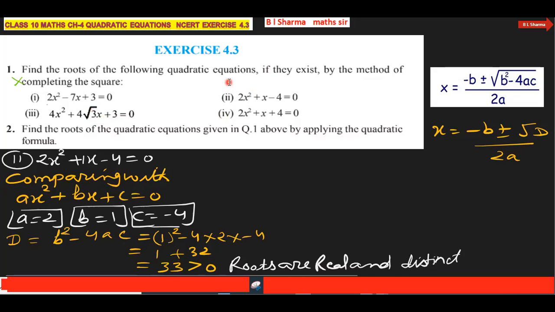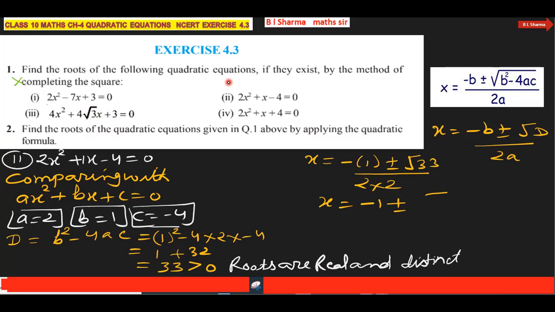So x is equal to minus b, that is minus 1, plus minus square root of 33 upon 2 and a is 2. So x can be given by minus 1 plus minus root 33 upon 4. So this is the answer of this question.